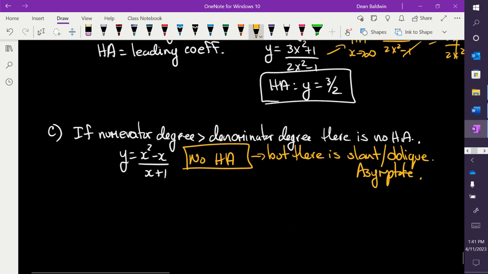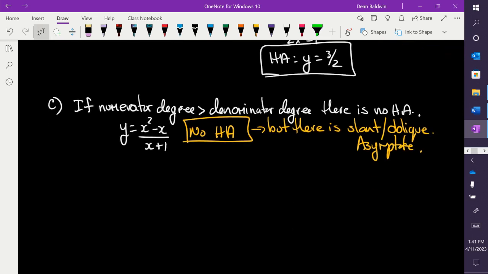Okay. So how do you find that? Well, what we're technically doing is we're doing this. The limit as x goes to infinity of this. Okay. Now, asymptote.